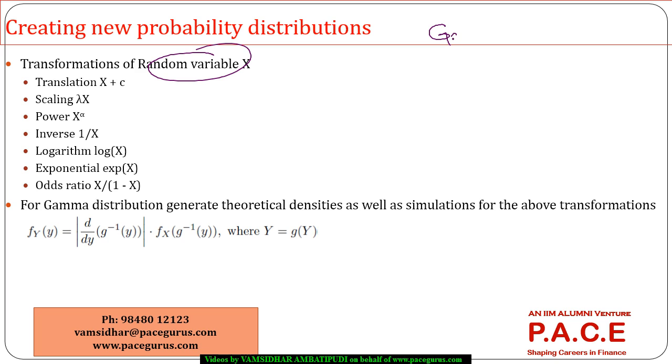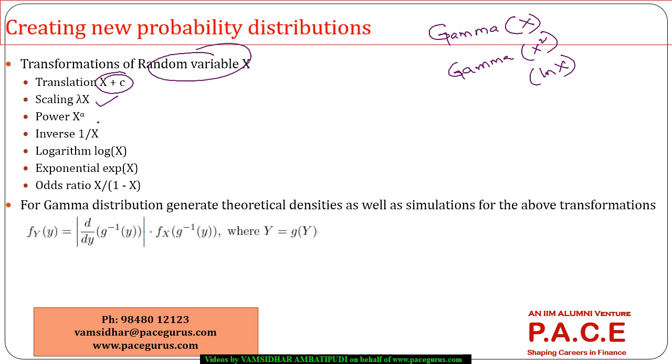So it's as good as saying, instead of finding out the gamma distribution with respect to x, I want to find out the gamma distribution, let's say associated with x squared, or I want the gamma distribution associated with log x. So there are different kinds of transformations. I may want it as x plus or minus some constant.